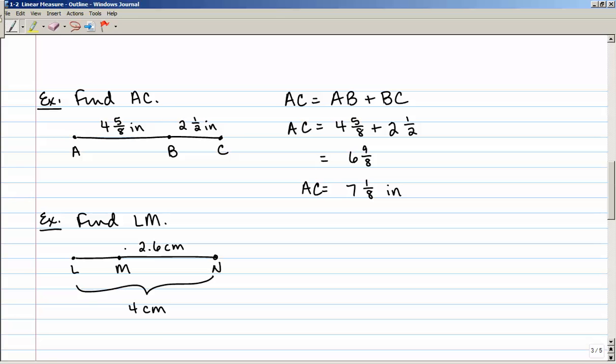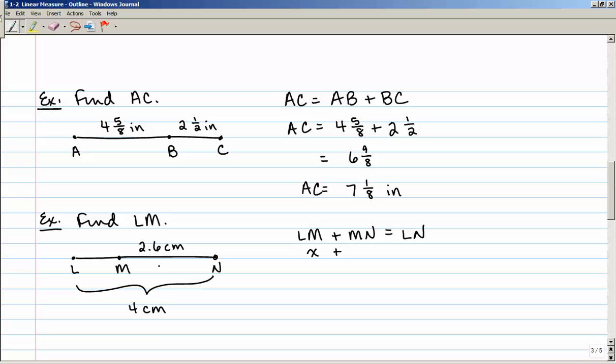Second example here says find the length of LM. Well, you notice that the length of LM plus the length of MN is equal to the length of LN. This little segment plus this little segment add up to the big segment. And I don't know what LM is, so I can leave it LM, or if you're feeling like you miss algebra, let's go ahead and throw an X in there.